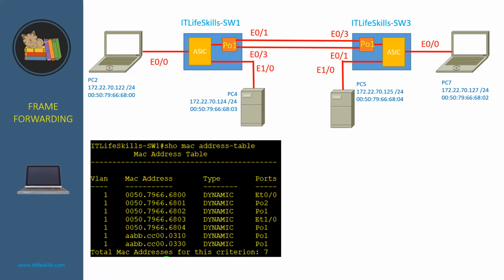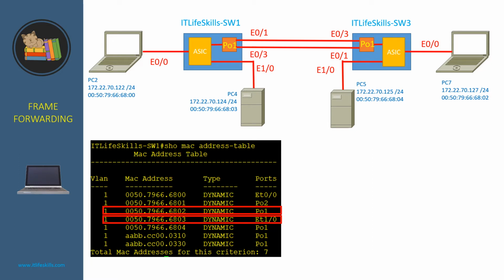Now let's analyze the frame forwarding decision on IT LifeSkill Switch 1. From the MAC address table, we can see that any frames destined to PC4 will be forwarded via the port E10, and any frames destined to PC7 will be forwarded via the port EtherChannel Po1, which means for a switch configured with EtherChannel, the frame forwarding decision is to use the port channel, not the physical ports bundled in the channel.